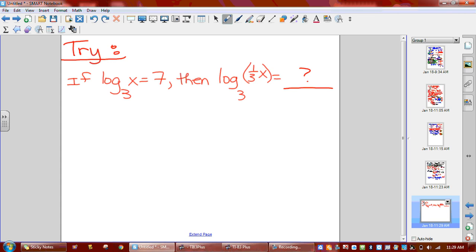So if log base 3 of x is 7, then log base 3 of 1/3 x is how big? Okay, I'll give you a couple minutes to try that one.